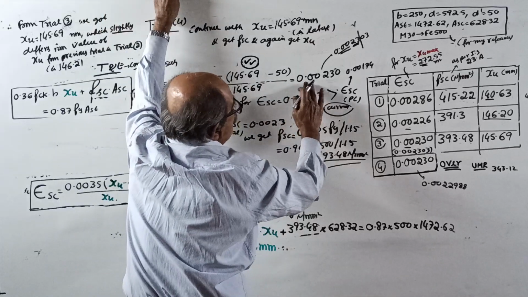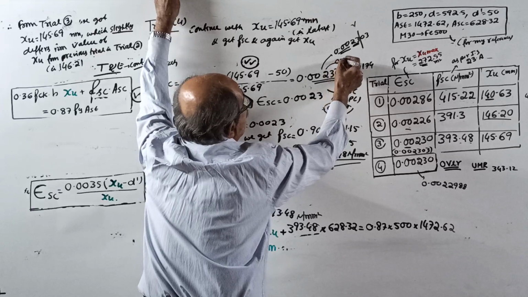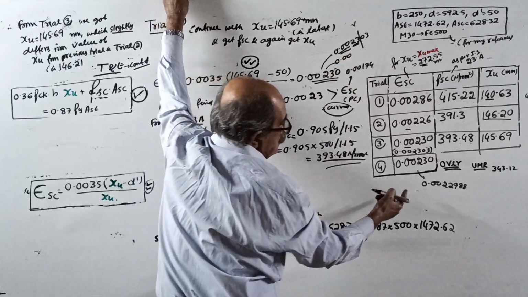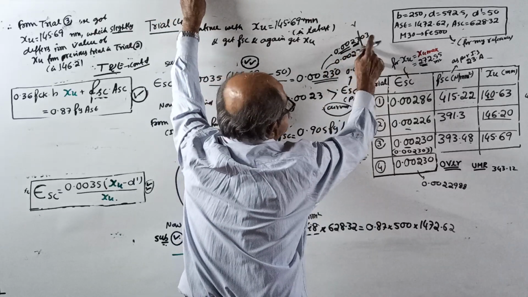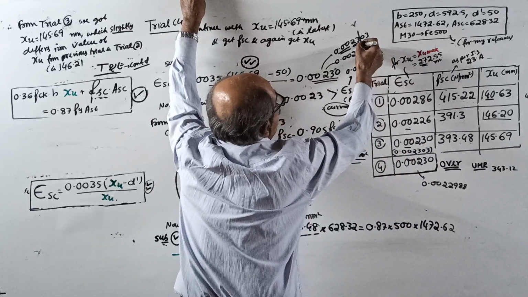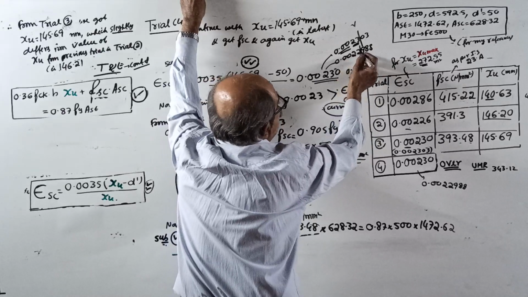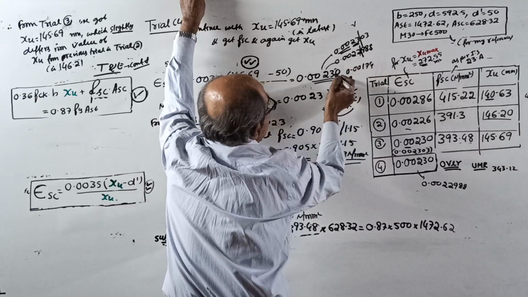Once again epsilon sc will come, but this time it comes 0.0022988. When you round it off, the 29 will become 3.